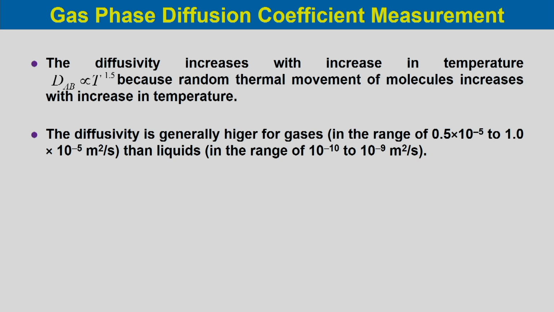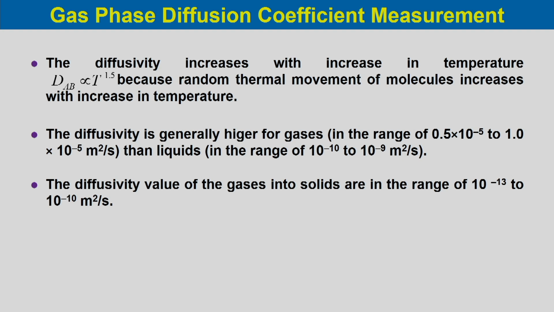The diffusivity is generally higher for gaseous components. For gaseous components, the diffusivity is in the range of 0.5 into 10 to the power minus 5 to 1.0 into 10 to the power minus 5 meter square per second, which is much higher than the diffusivity of liquids, which is in the range of 10 to the power minus 10 to 10 to the power minus 9 meter square per second.